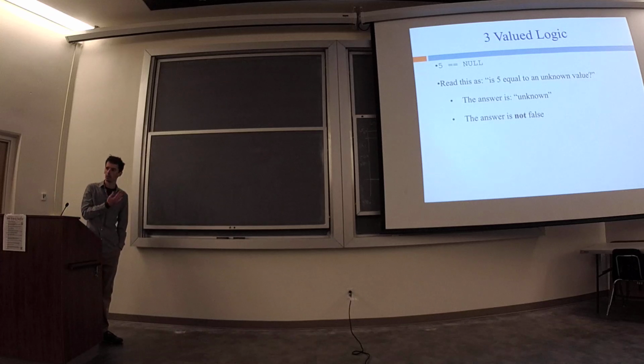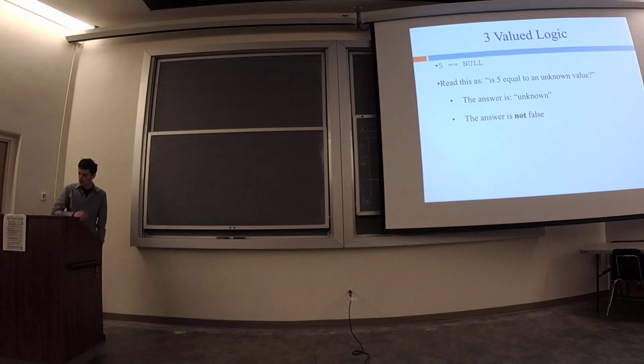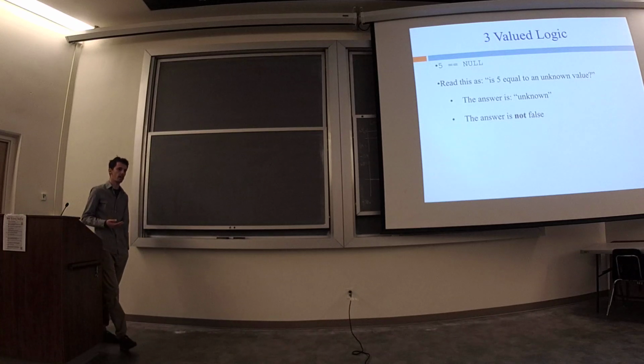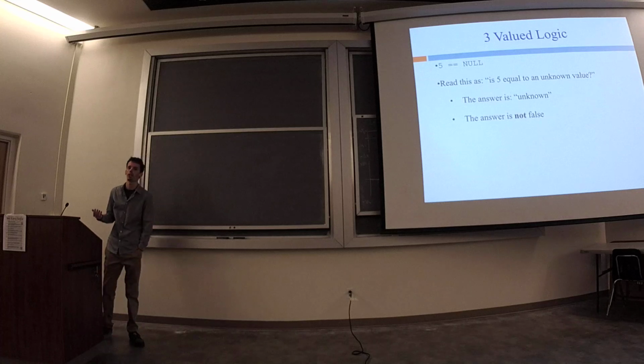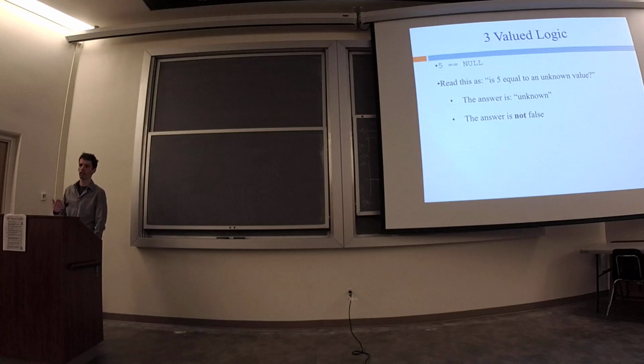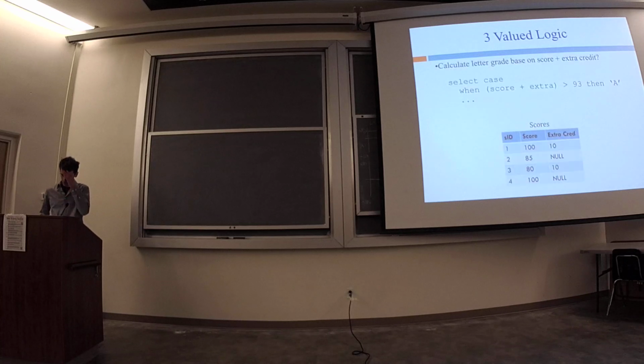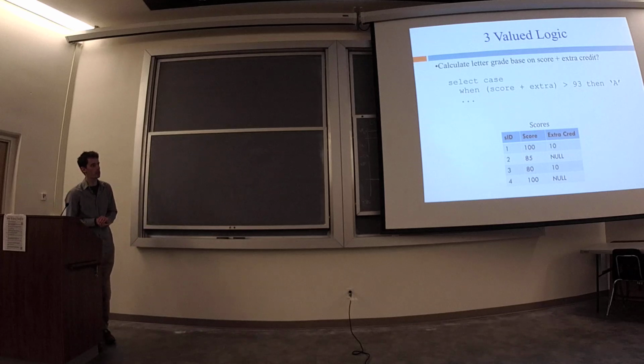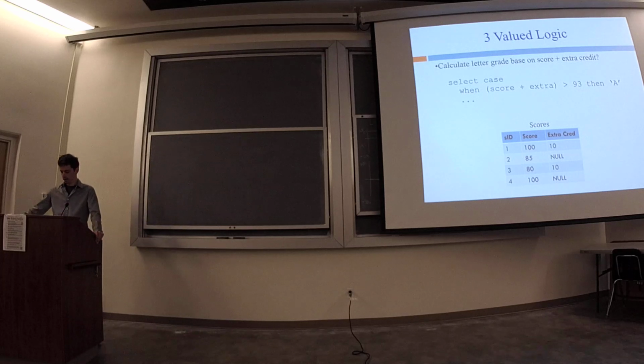We already talked about this, but just to briefly recap, we saw some simple implications of that. If you want to know if something is unknown, you can't use equals. You have to use is null or is not null. Here's another little example. Let's say I have a scores table for some class.